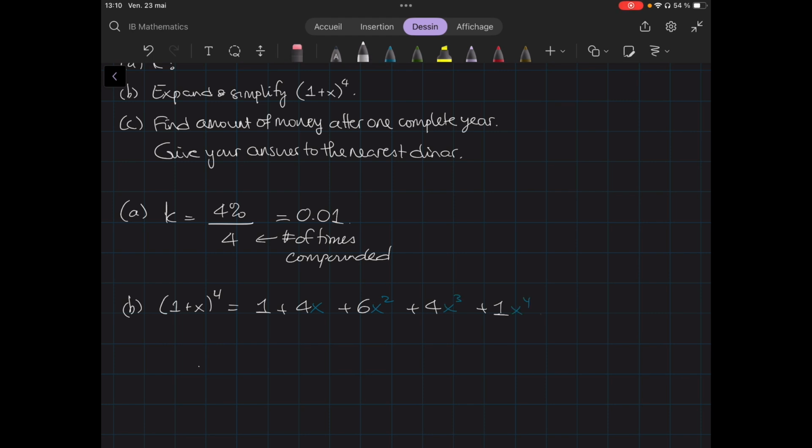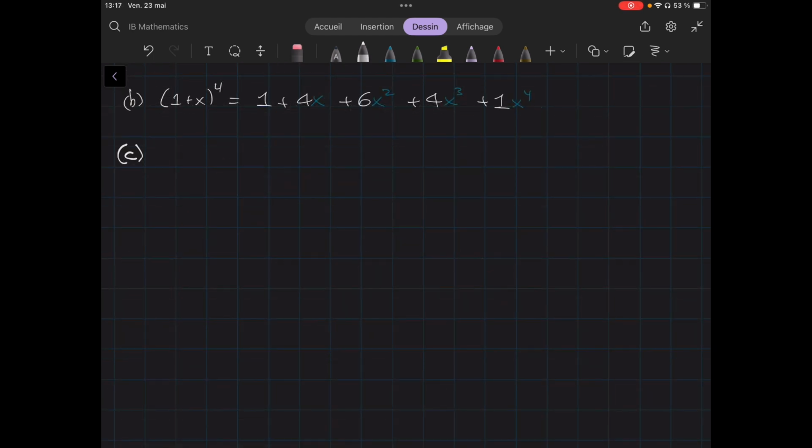That's it. Done. In part C, we would like to find the amount of money in Bob's account after a year, which can be given by this expression. We can expand this bracket using the answer to part B, replacing x with 0.01.